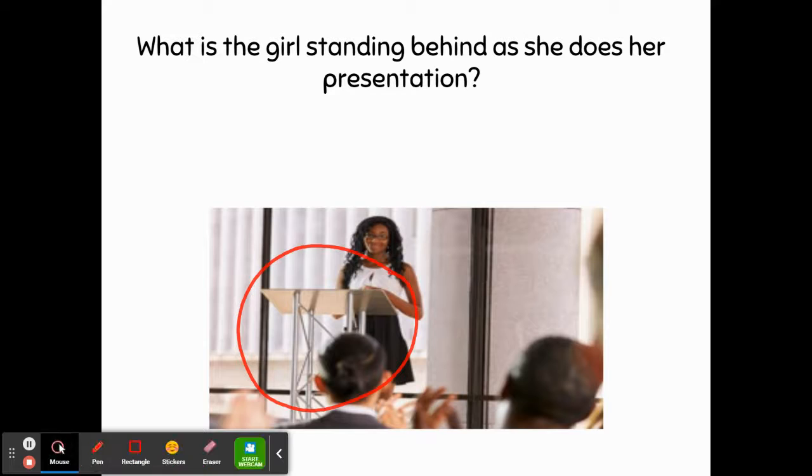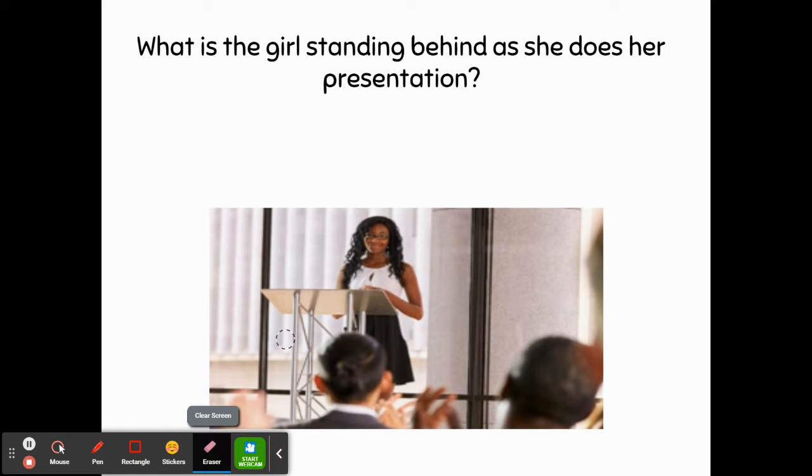I want you to think about how that fits with foot or feet. They are presenting, but there are a couple different ways that we can present things. In this case, they're standing on their feet in order to present in front of people. So it's kind of how feet goes with podium.